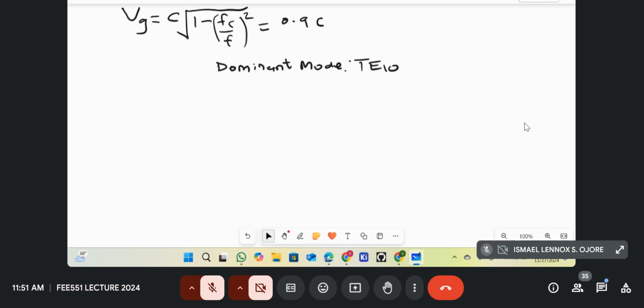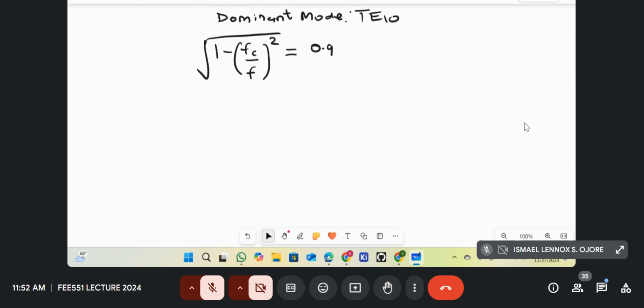So as per the latter statement, the group velocity is 0.9 of the free space velocity. So we can see from the above equation that the square root of 1 minus fc over f squared should be equal to 0.9.